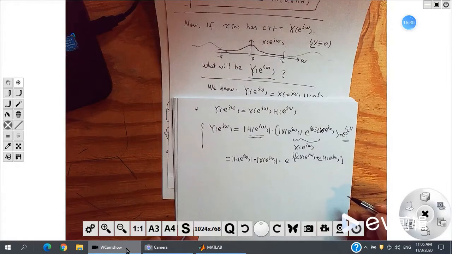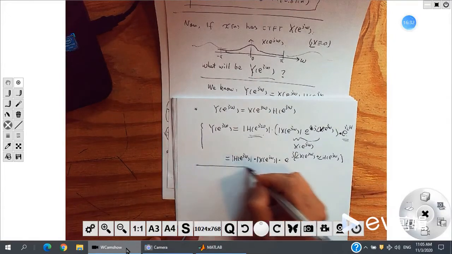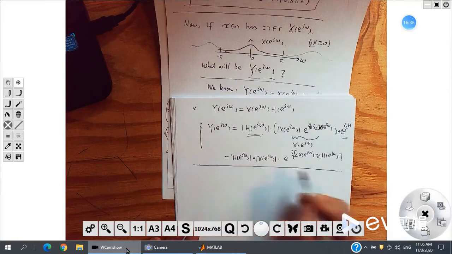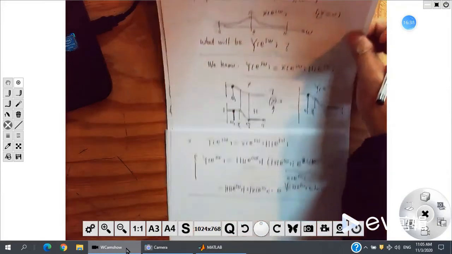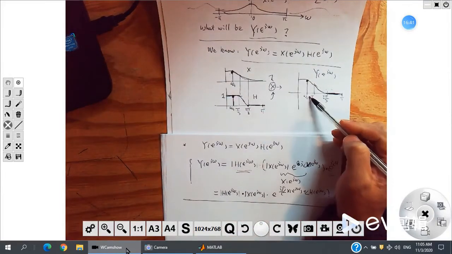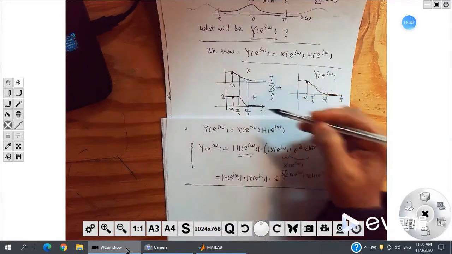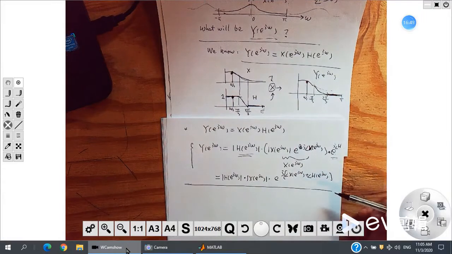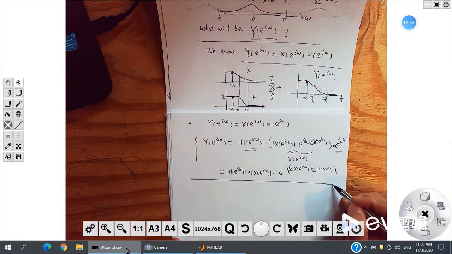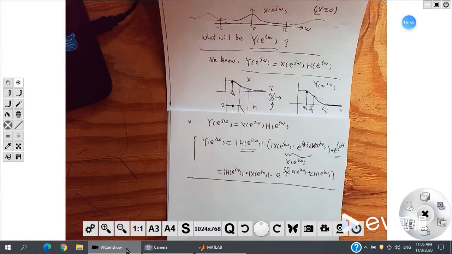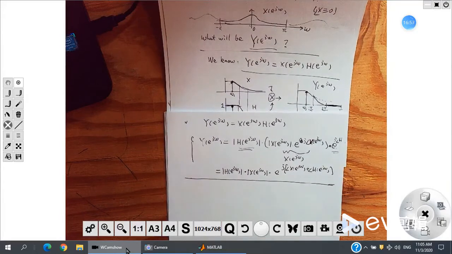In the frequency domain, Y is this one. So the magnitude is the multiplication of H and X, and the phase angle will be the summation of the angles of X and H. So this is what will happen in the frequency domain when we have an input and we know the frequency response.